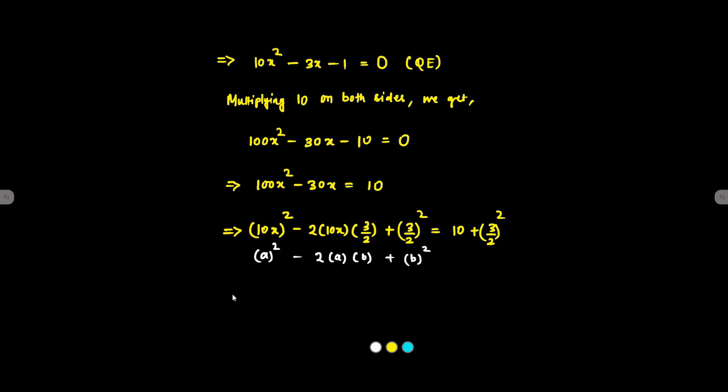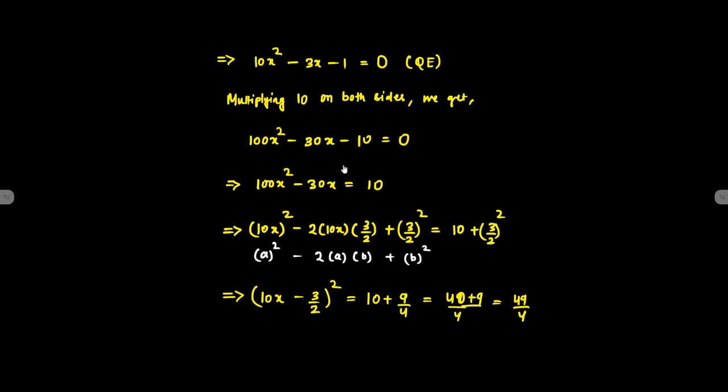That implies 10x minus 3 by 2 whole square is equal to 10 plus 9 by 4, which is equal to 49 by 4. Now we'll take the square root.